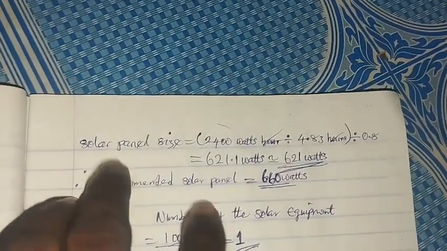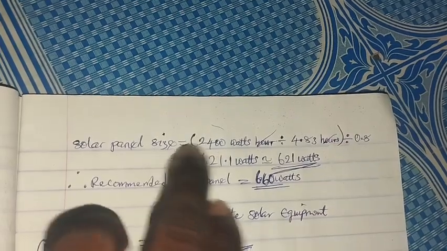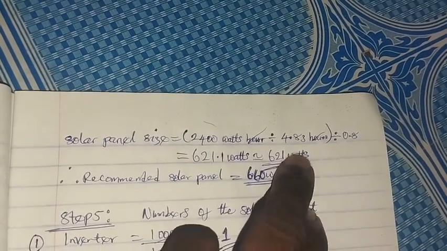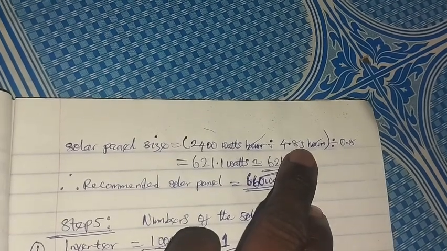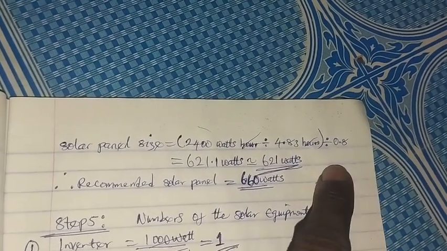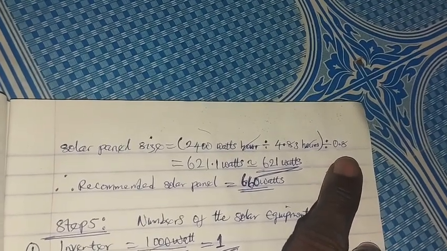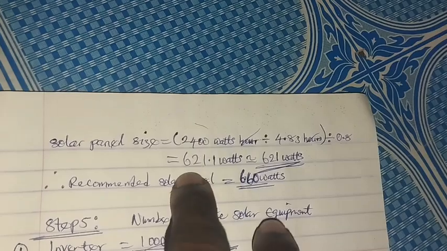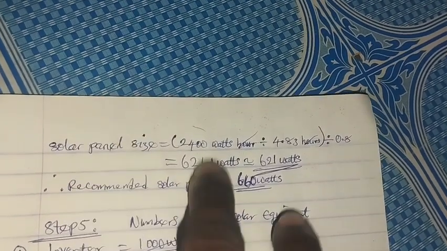So we now say solar panel size is equal to 2400 watt hour divided by 4.83 hours, sorry. Hour cancels hours, and then divided by 0.8. The 0.8 is the 80% efficiency.